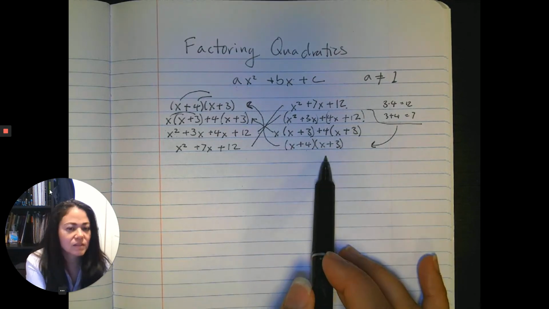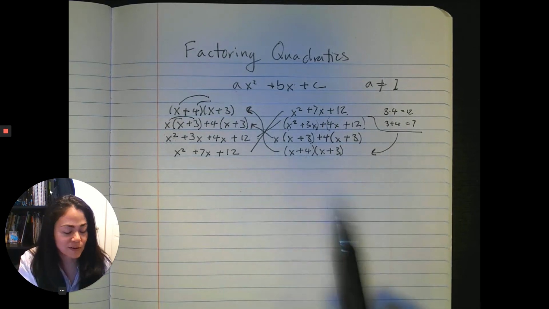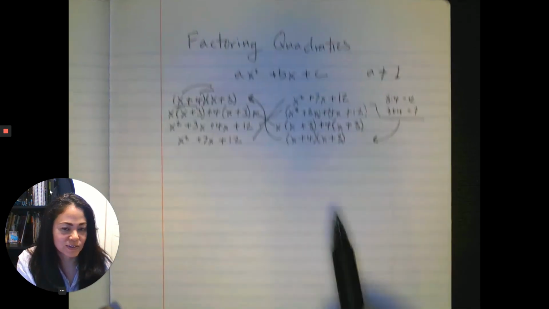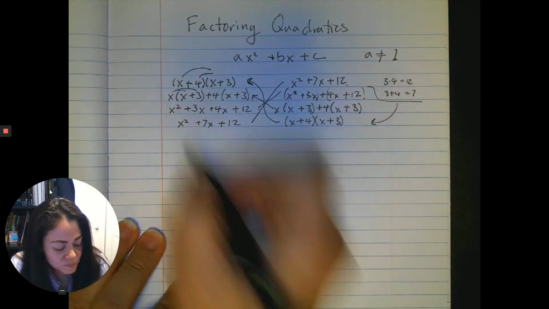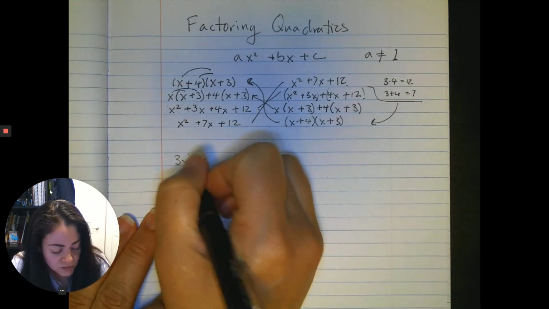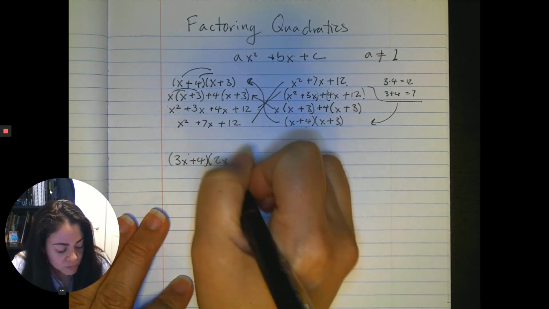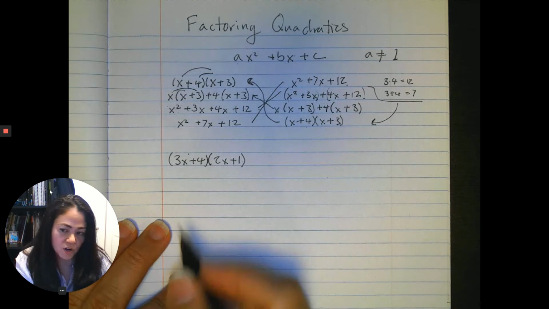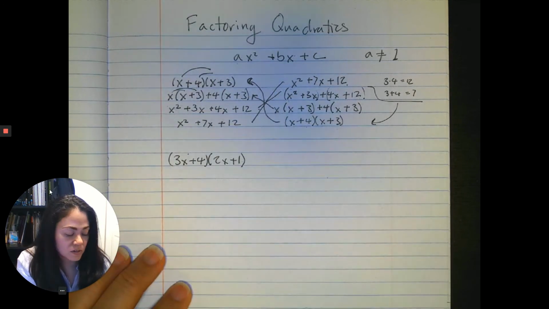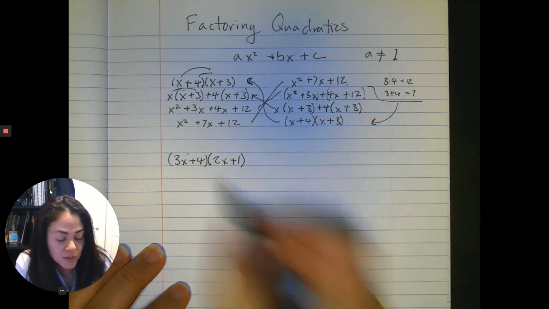Okay, let's look at another example where, in fact, the leading coefficient is not 1 and see if this makes sense. Okay, so we are going to do 3x plus 4 times 2x plus 1. And again, I'm going to go both ways because I really want you to see how it's the reversed process of multiplying two binomials.